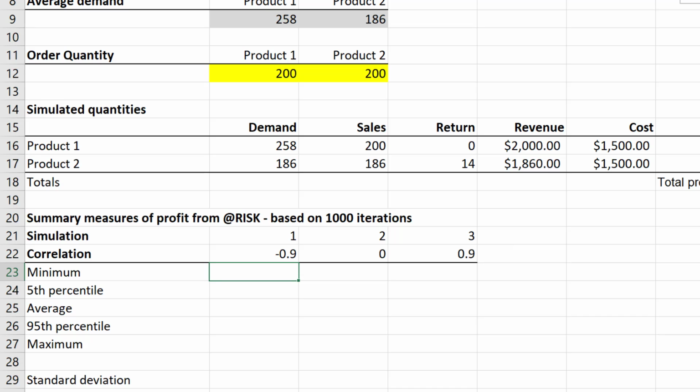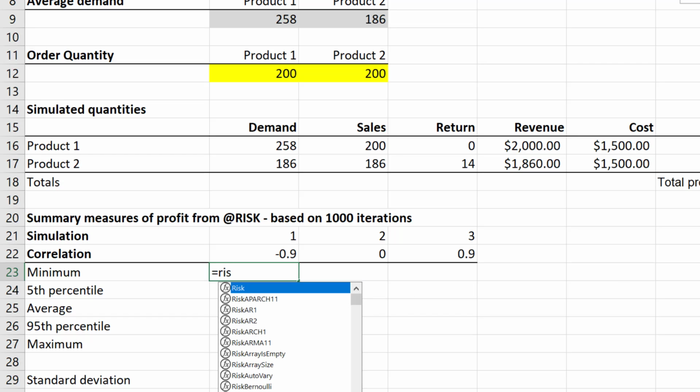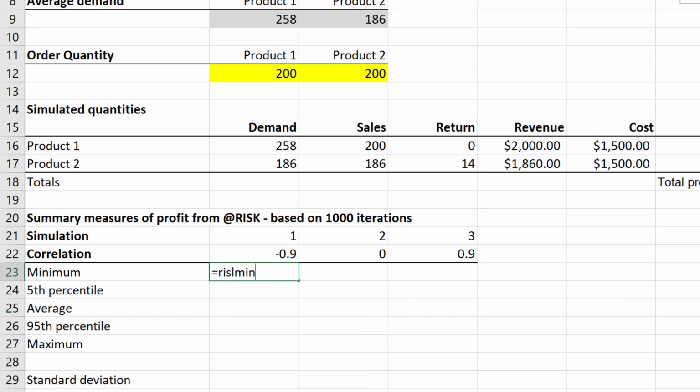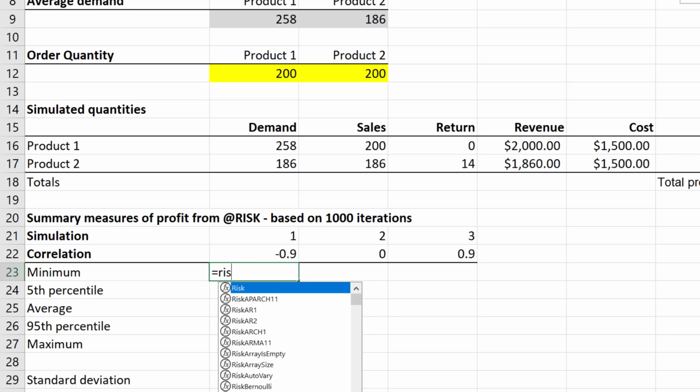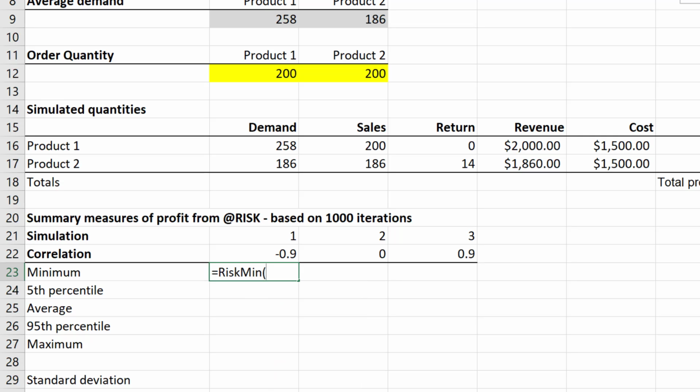Okay, so now we can set up output values, say RiskMin of what? Of the total profit. Let's make it an absolute reference for simulation number 1.